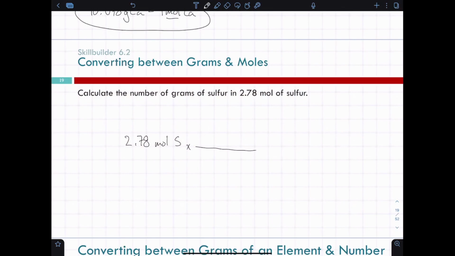So we're going to write 32.06 grams of sulfur equals 1 mole of sulfur.